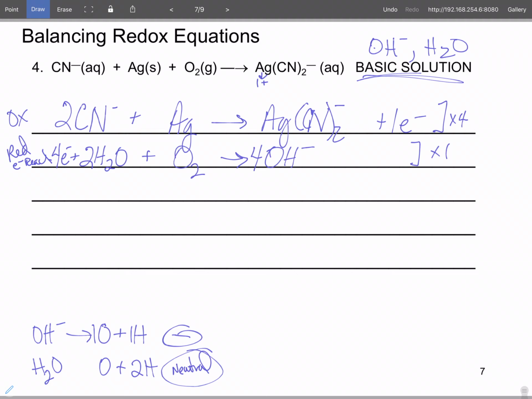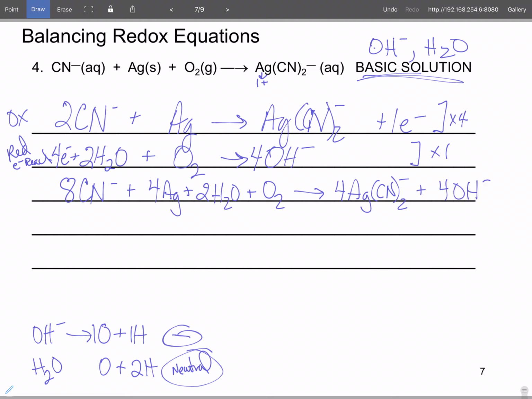So what we're going to get is 8 cyanides plus 4 silvers plus 2 waters plus 1 oxygen produces 4 silver cyanides plus 4 hydroxides.